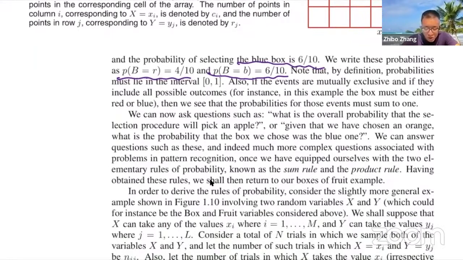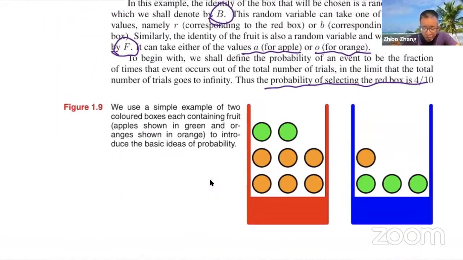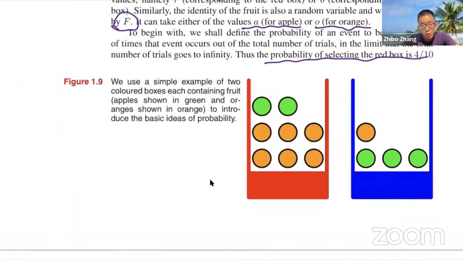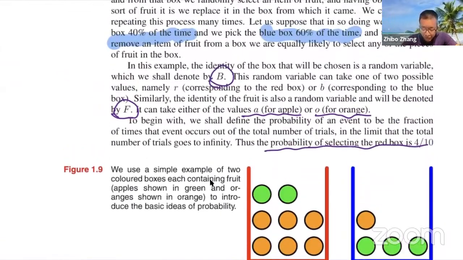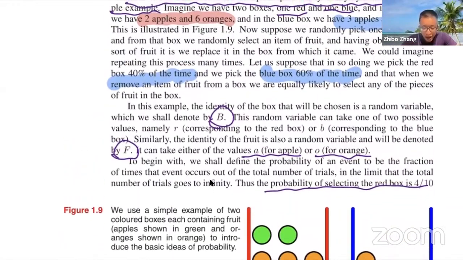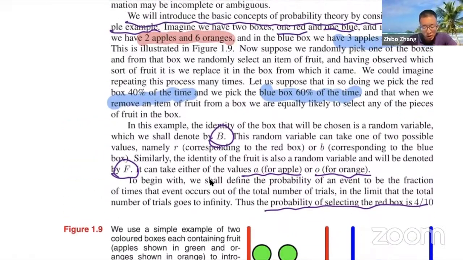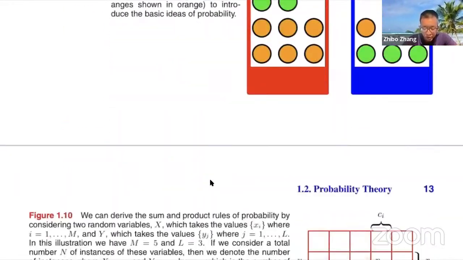We can now ask questions such as, what is the overall probability that the selection procedure will pick an apple? Remember that in the red box there are 2 apples and 6 oranges, and in the blue box there are 3 apples and 1 orange.